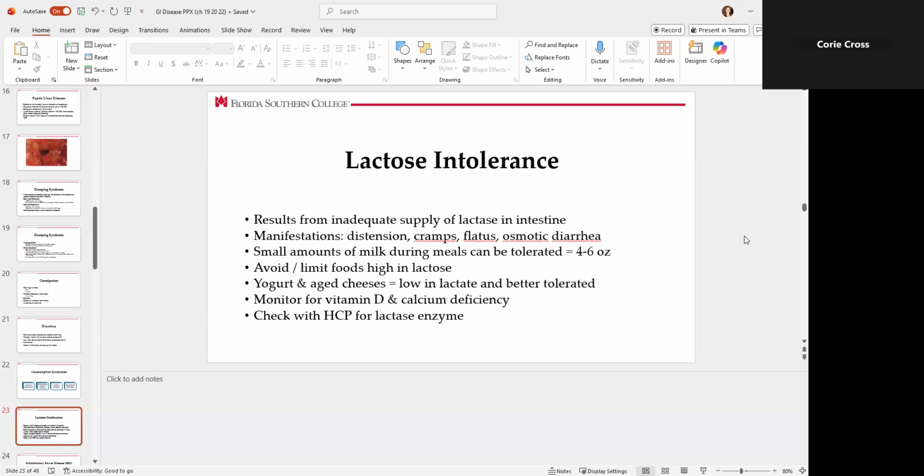This can lead to osmotic diarrhea. The amount of lactose is individualized. Some people can tolerate more than others can. Typically, smaller amounts of lactose containing foods are tolerated better. Lactose enzymes are an alternative to assist with the intolerance.